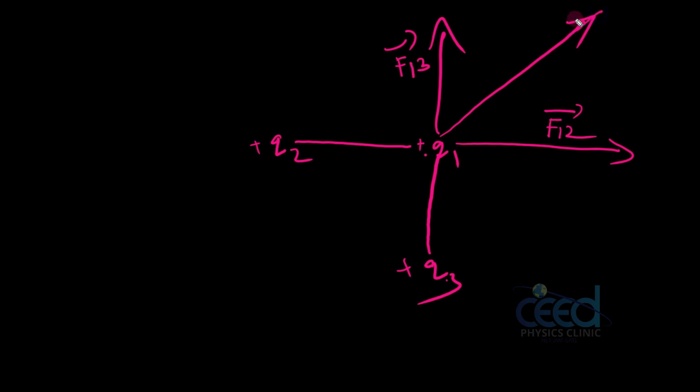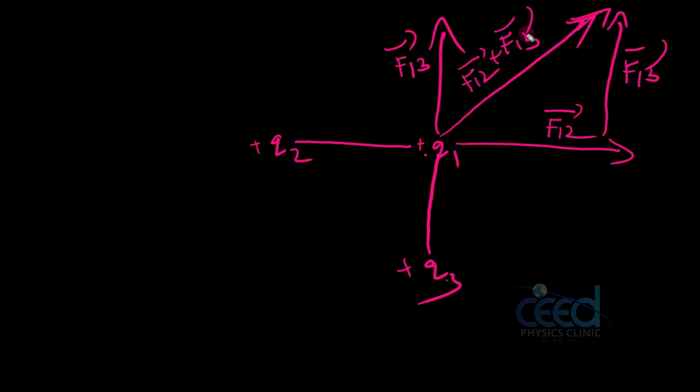If I draw a line here, this also represents F13. So the third side of this triangle, in the opposite direction, will represent the resultant, that is F12 plus F13.